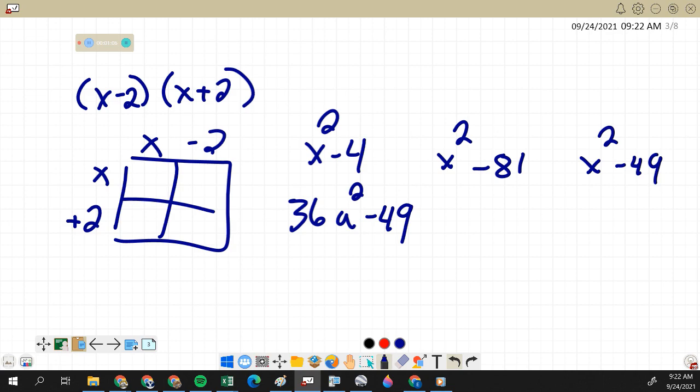So, what pattern did you notice in A through D? They were all, what was the word we learned last time? Starts with a C? Conjugates. So A through D are all conjugates. What are conjugates again?